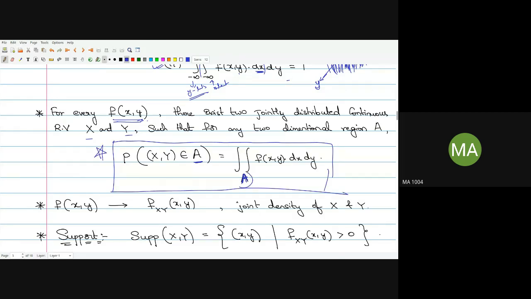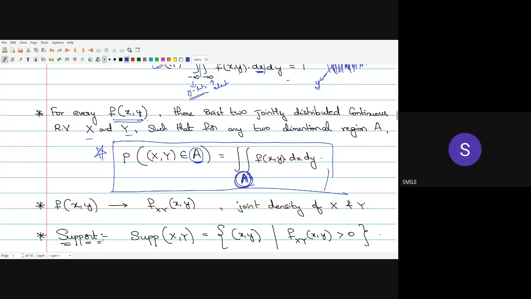Finding this region's limits is the difficult part. The probability that x and y will lie in that region is equal to the double integral over that region's limits of f(x,y) dx dy. Finding these limits is the most difficult part in week 6.